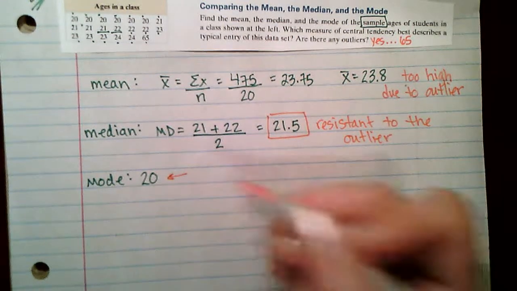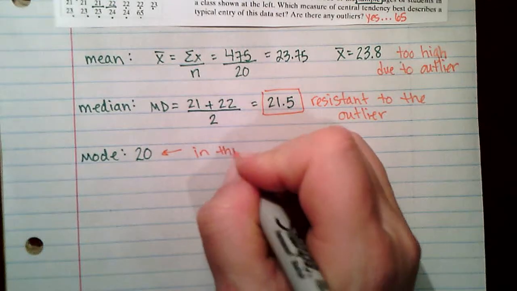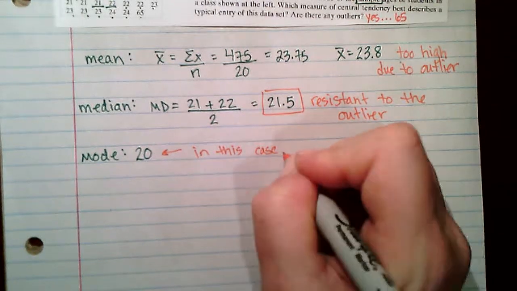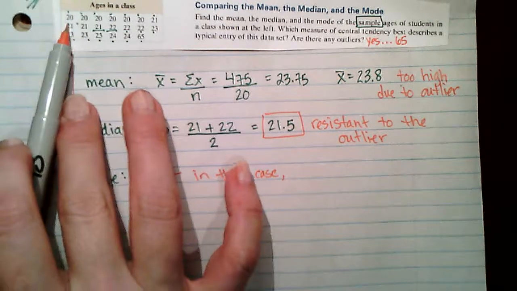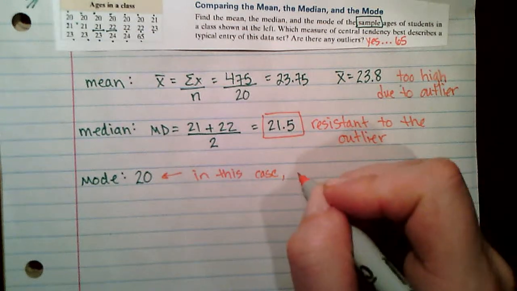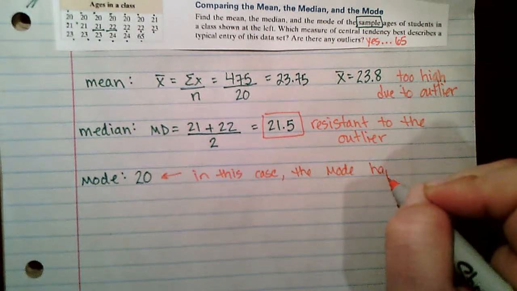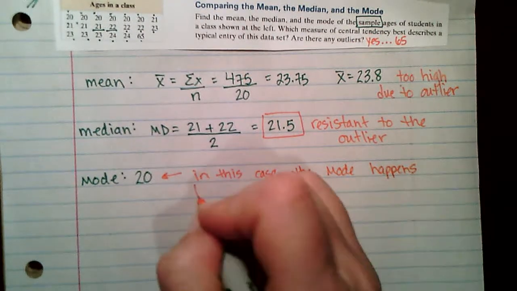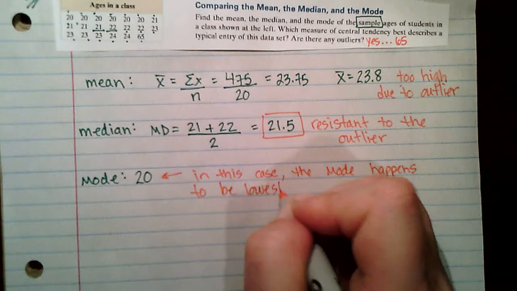And then the mode might be an okay one, but in this case, what's true about the mode? If you look at all the data values, the mode being 20 would not be a good representation of the class because the mode happens to be the lowest data value. So it's probably not a good representation of the class age.